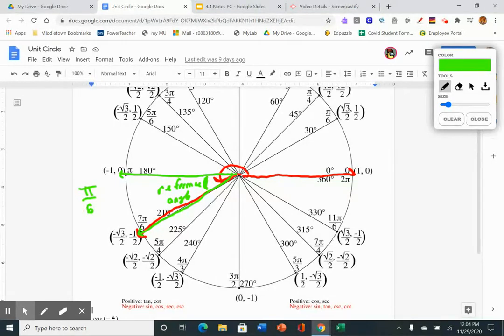If you're having trouble with radians, you can convert into degrees, but if the question is in radians, the answer has to be in radians. So use your unit circle. It's there for you. You see 30 degrees is pi over 6. Remember, these reference angles are acute, so they're going to be between 0 and 90 degrees. That is how you use your unit circle to find the reference angle.